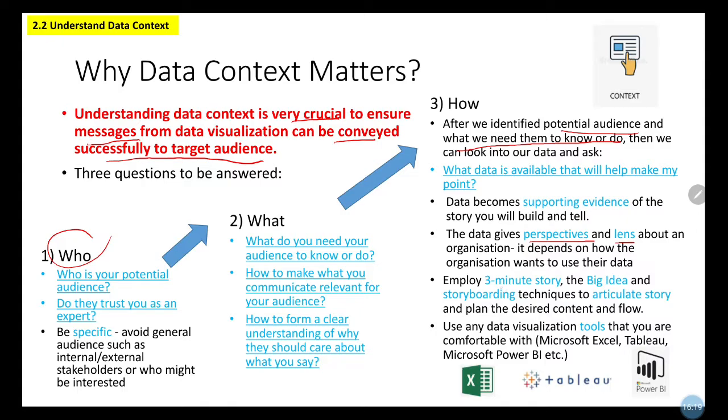They can use the 3-minute story, big ideas, and storyboarding in order to articulate the story and plan the desired content and flow. And then for the tools, they can use any tools they are comfortable with.